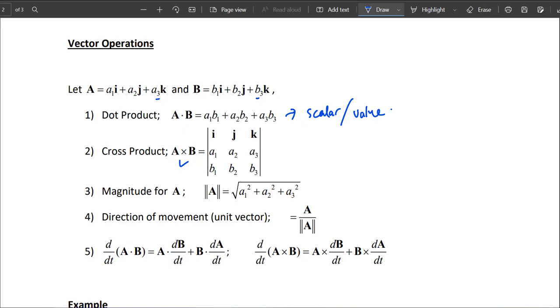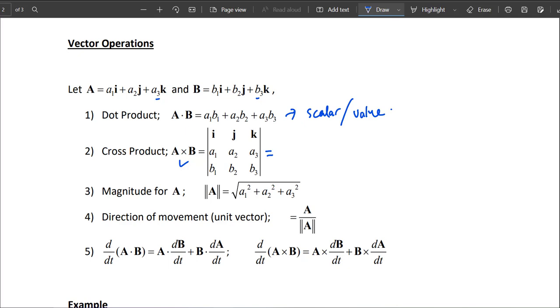Okay, for cross product, we do A cross B. This is how we do the cross product. We must write it into this bracket: i, j and k, then the components of A: A1, A2, A3, and of B: B1, B2, B3. You have learned this before, in your previous knowledge.